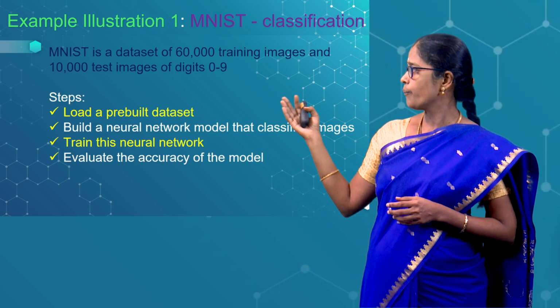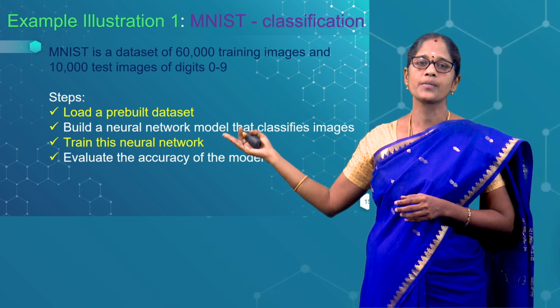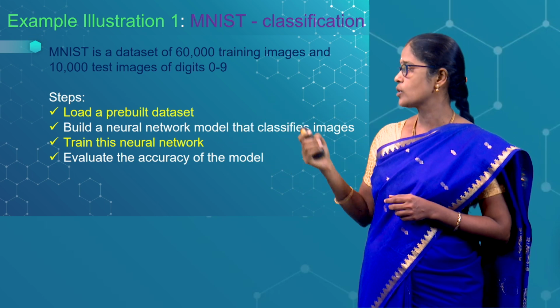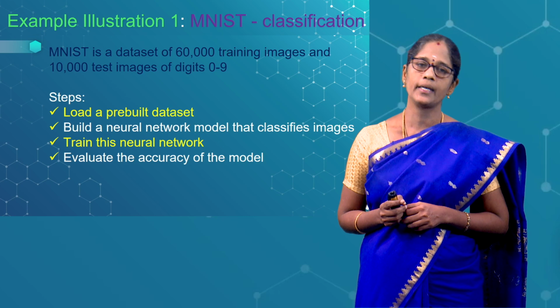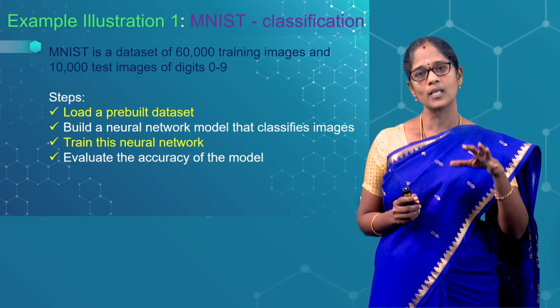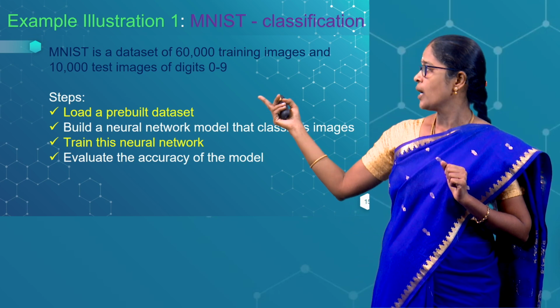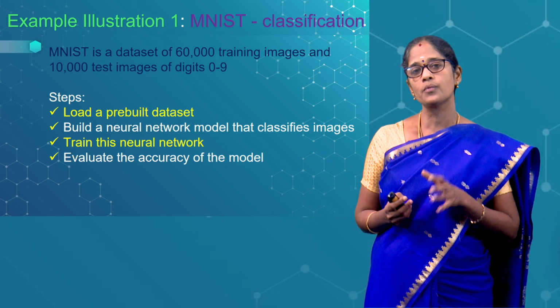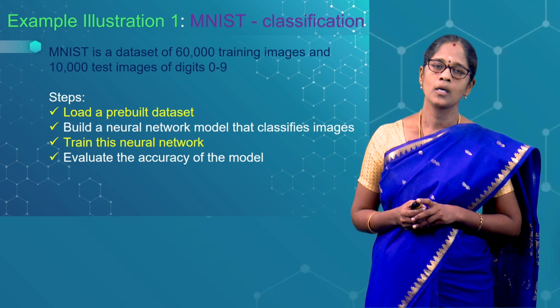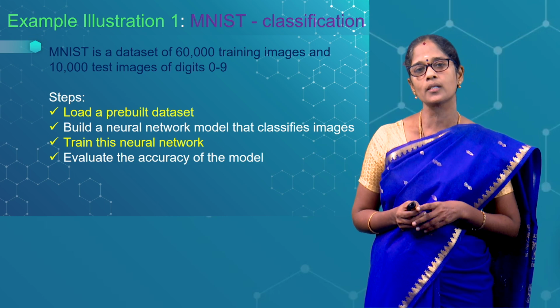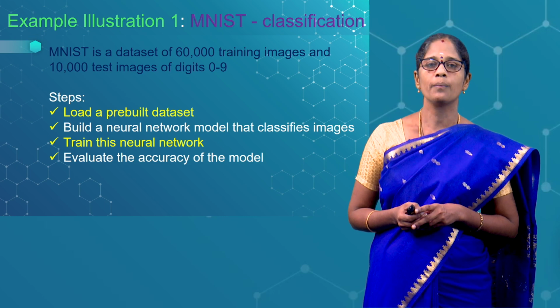So, in doing so, the steps involved are: first, you need to load the pre-built data set. The publicly available data sets have to be loaded first. Okay. And by loading, here we mean we are going to use the Python libraries. TensorFlow and Keras are the libraries used for building deep learning models.